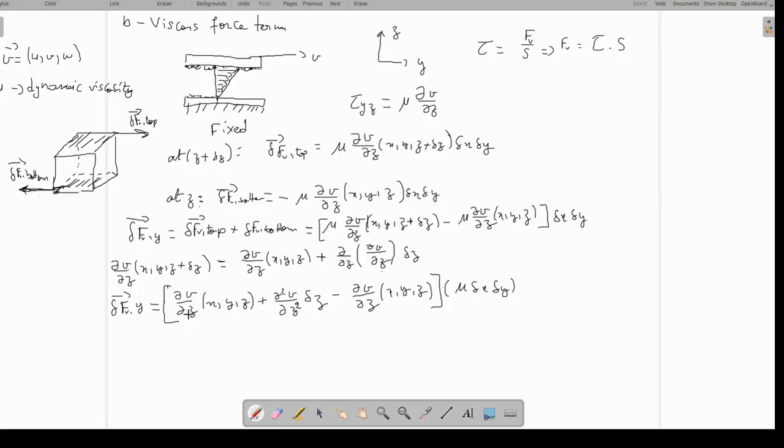Which is mu partial squared v over partial z squared times delta x delta y delta z.